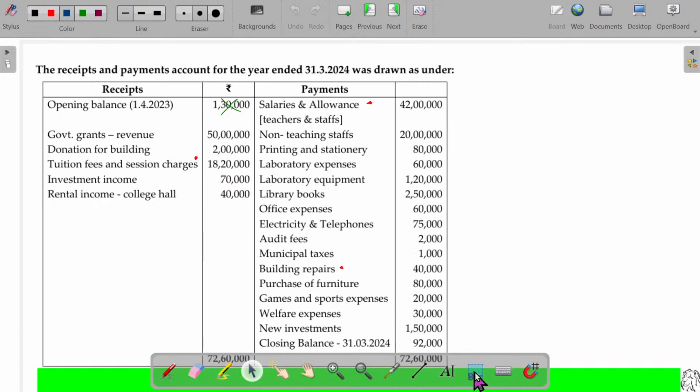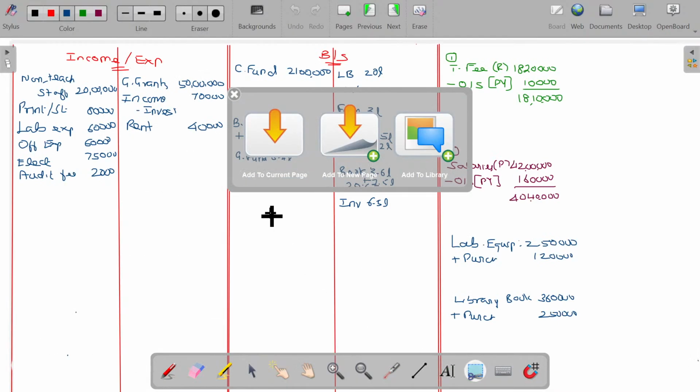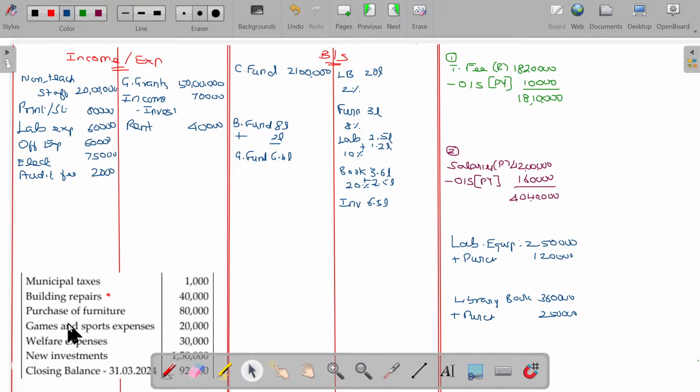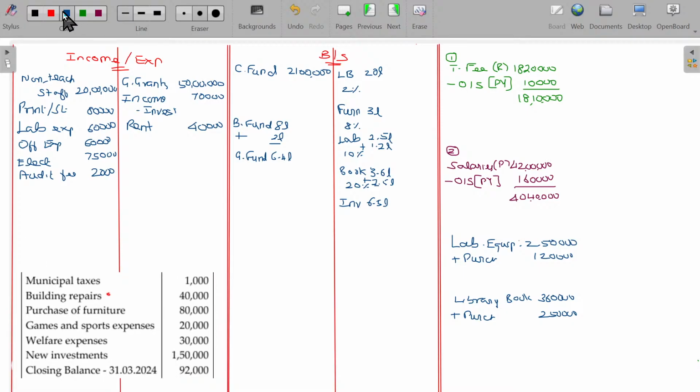Further, from municipal tax onwards up to the closing balance. In case of municipal taxes, we don't have any adjustment. So post here municipal tax, this value being 1,000.